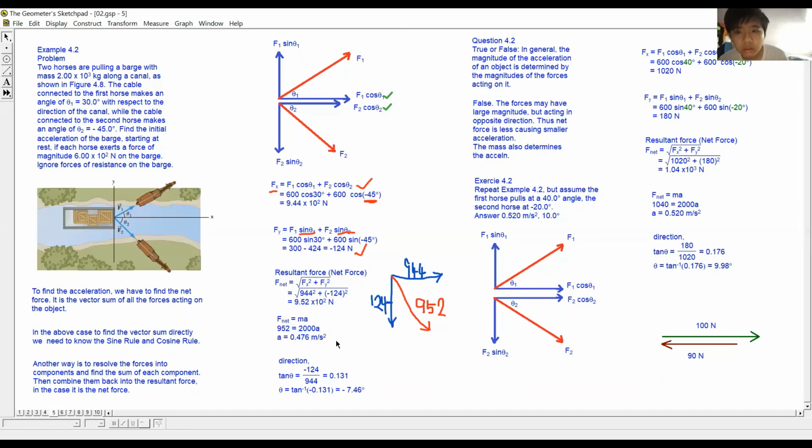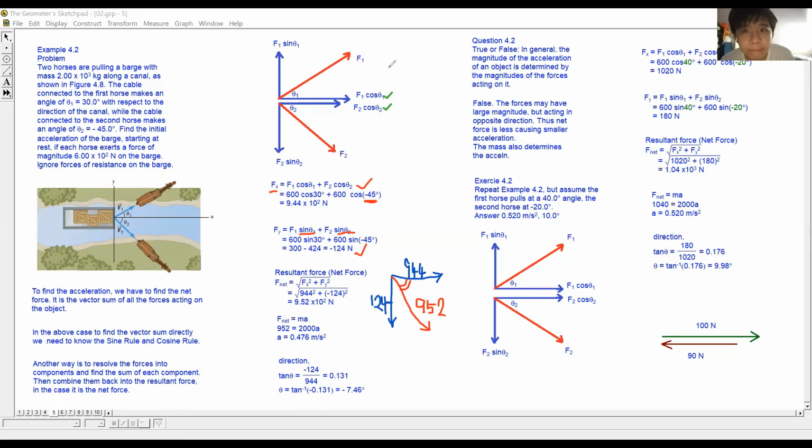Okay, next, although we know the magnitude of the resultant force, because it is a vector quantity, we need to know also the angle, not only the size of the force, but we must know this angle here.